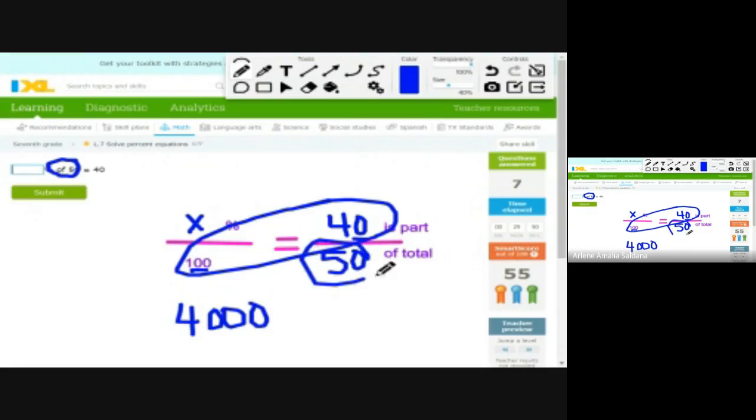And then we divide by 50, but we can get rid of one zero to make it easier to work with. So 5 goes into 40 8 times. That's a perfect division, so we don't have a remainder, which makes it 80. So 80%. So 80% of 50 is equal to 40.